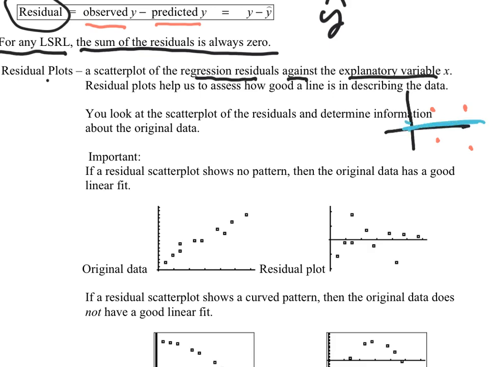Remember, here's y hat. Residuals help us to assess how good a line is in describing the data. So you look at that residual plot. When you look at that residual plot, you can determine a lot about the original data. The big question we always ask ourselves, is the original data linear or is it nonlinear?